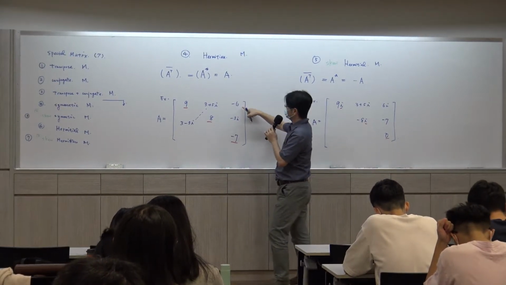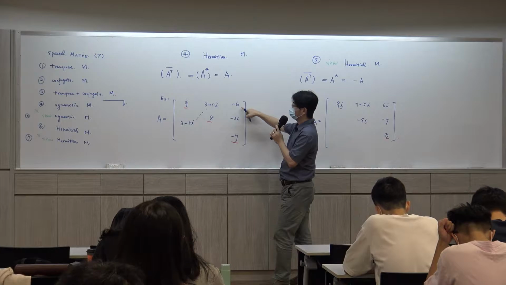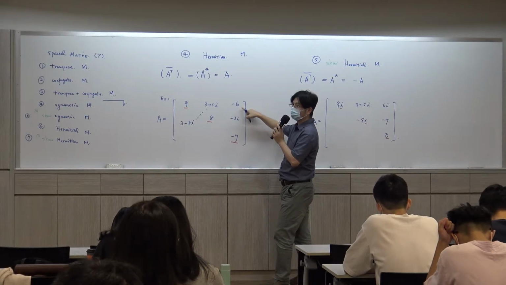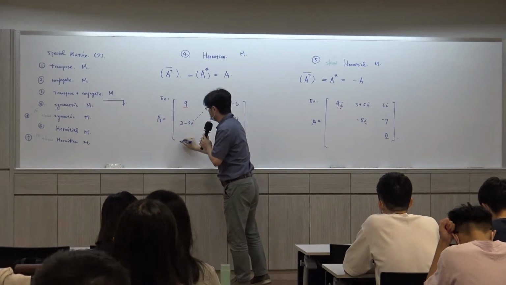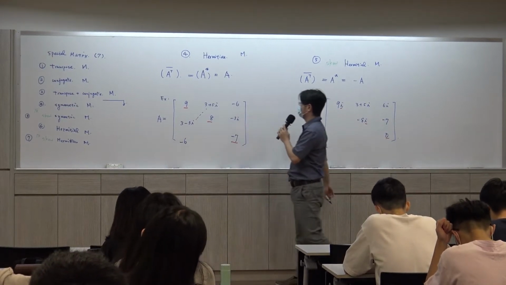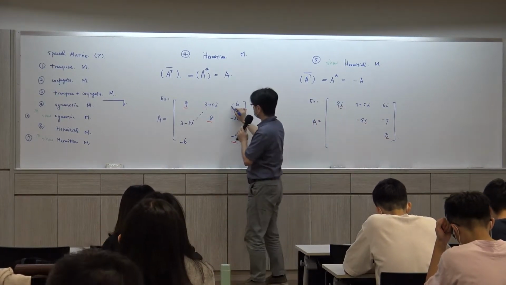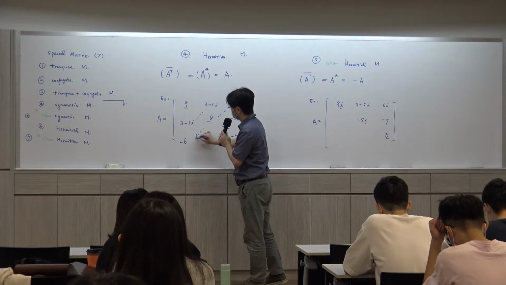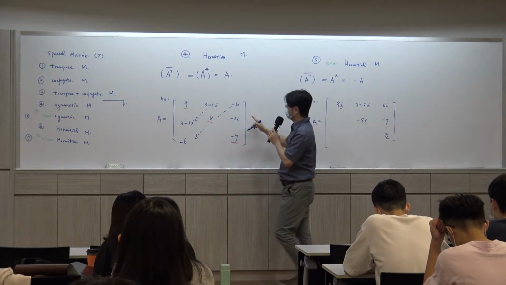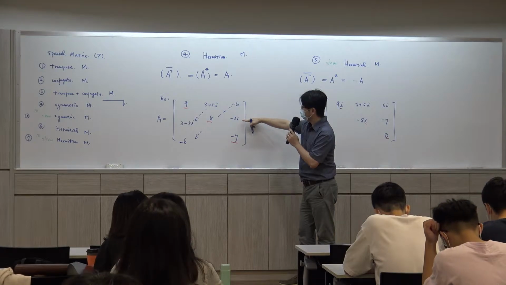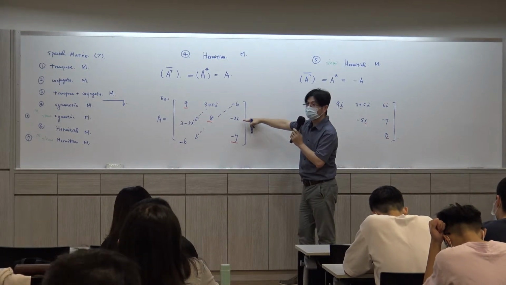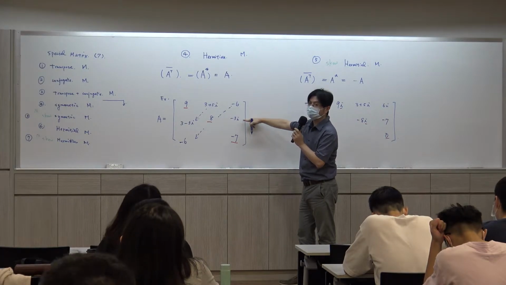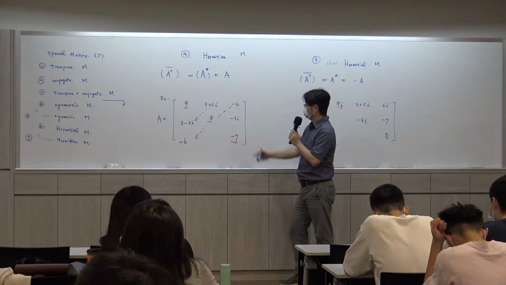This term is a real number, so it's the same as its complex conjugate. So we will go to this side, right? This element, the complex conjugate of the element should be positive 3i, right?